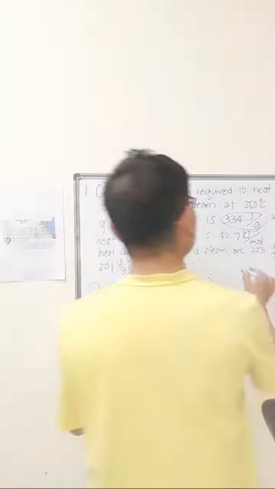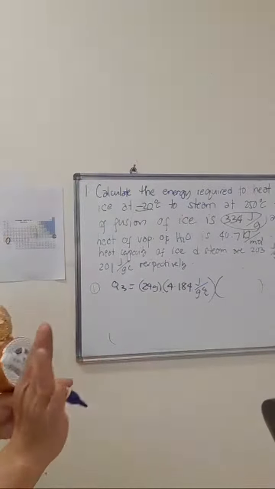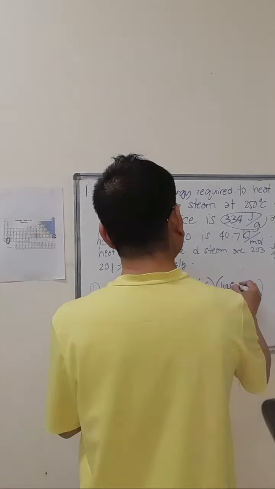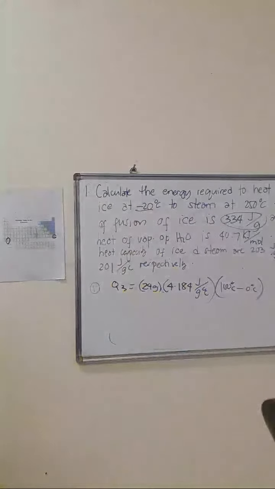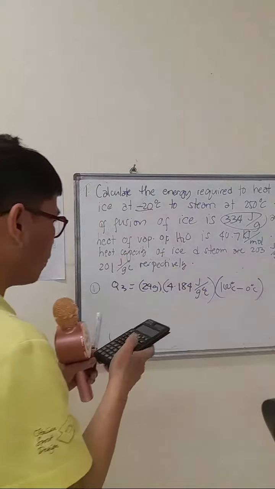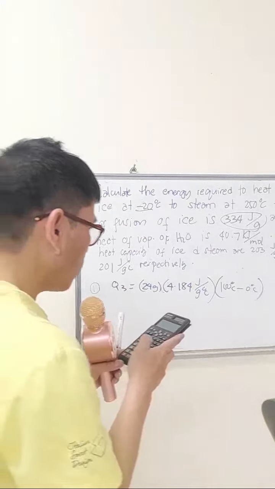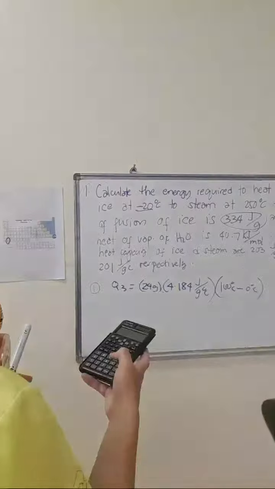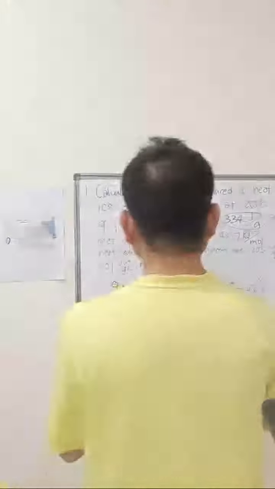It's a liquid phase. The temperature we use is from 0 to 100 degrees Celsius, boiling point minus 0 degrees Celsius. So 24 times 4.184 times 100 is equal to 10,041.6.